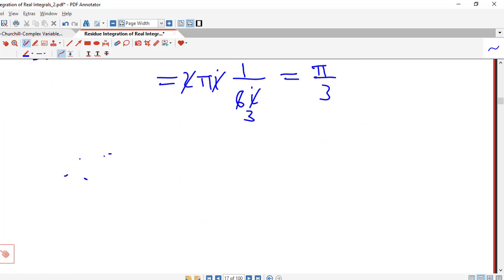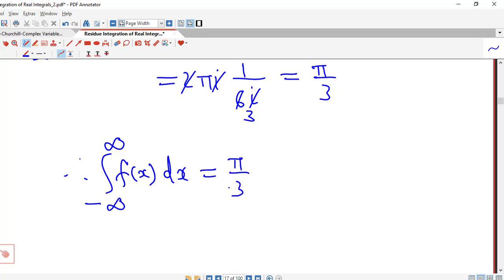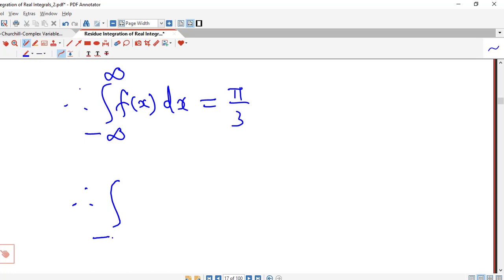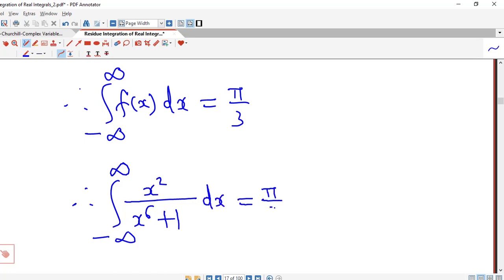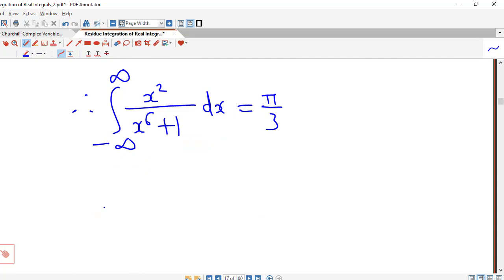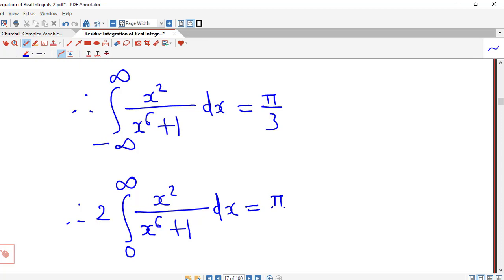So what we obtain, integral from minus infinity to infinity f(x) dx, where f(x) is x square over x raised to 6 plus 1, is pi by 3. But we are asked the integral from 0 to infinity, and we know that this function is an even function, so this can be rewritten as 2 times integral 0 to infinity x square divided by x raised to 6 plus 1 equal to pi by 3.